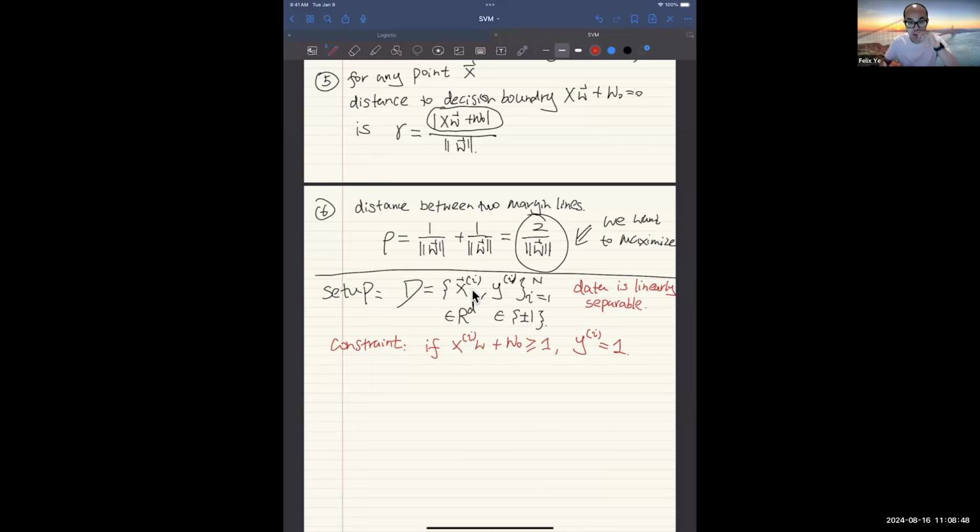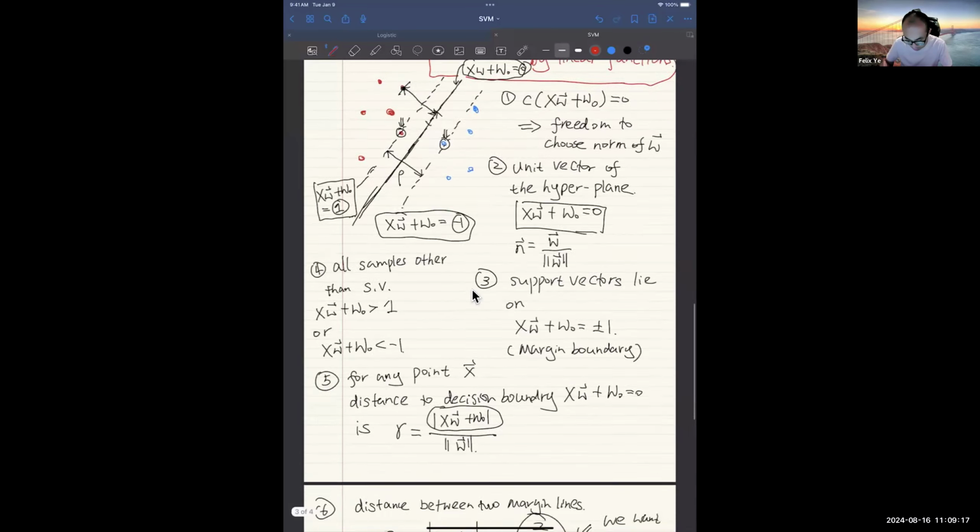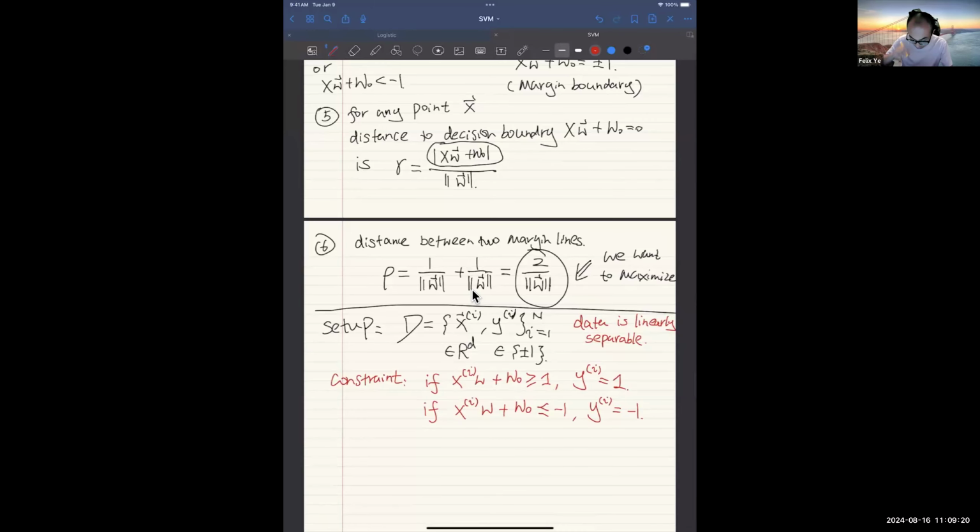All right, so this is one here, and of course, if this is less than or equal to -1, then y_i is equal to -1. So this basically says that everything above the margin of x w + w0 equal to 1, I would classify this point as +1, and vice versa.